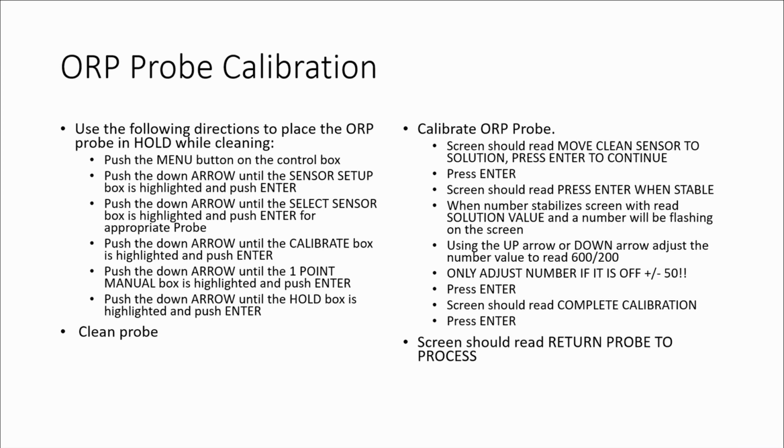Then you arrow down to calibrate, then arrow down to 1-point manual, push enter. You arrow down until the hold box is highlighted. And that's what you were talking about with holding the current dosing rate, right? Yeah, so this tells it, because I think the three options are hold, linear, and exponential or something like that.